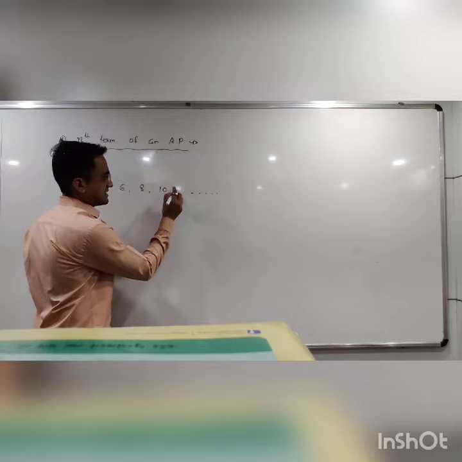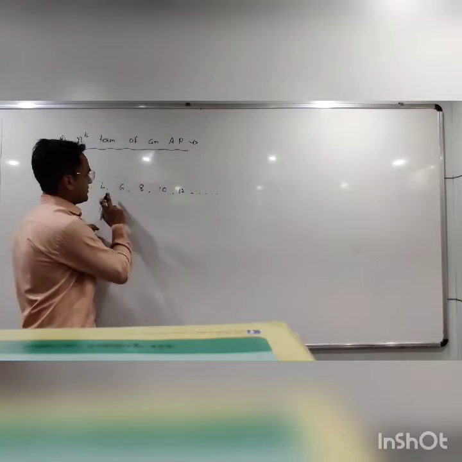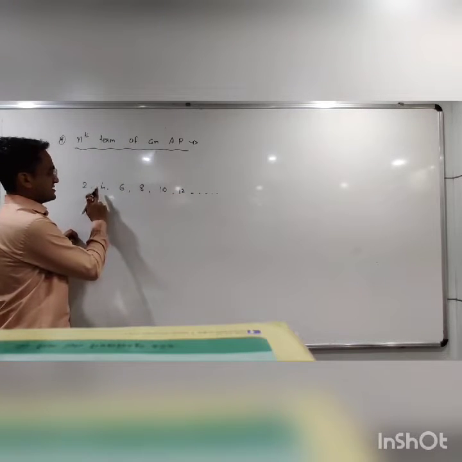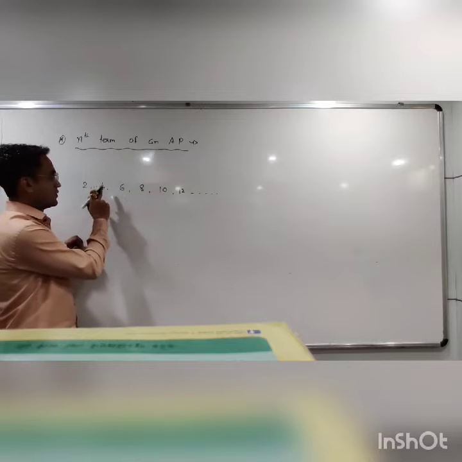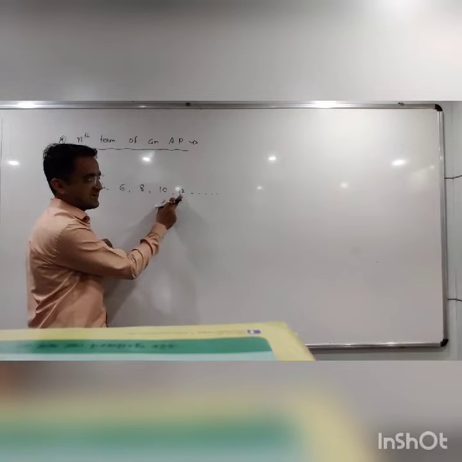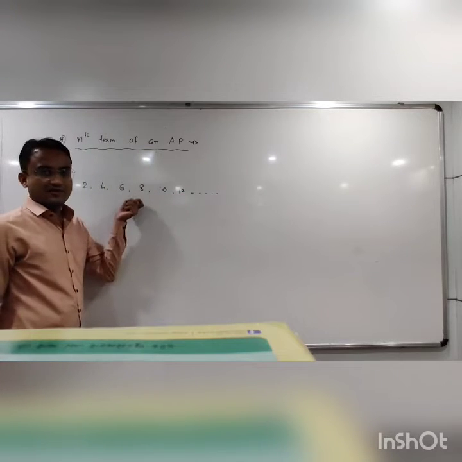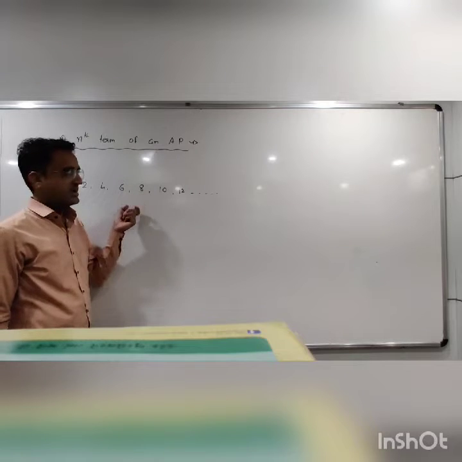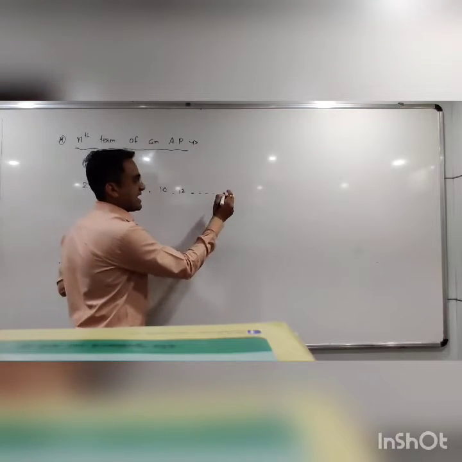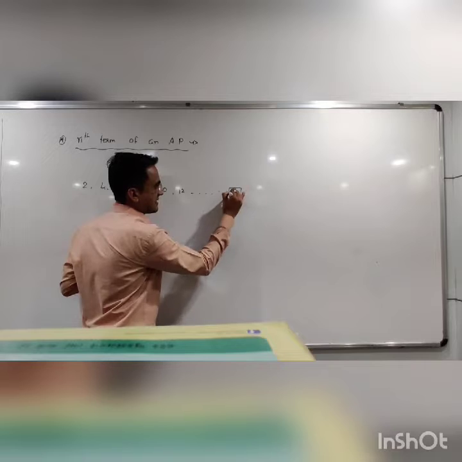If I write a sixth term, now here the common difference is 2. You can observe 2, 2, 2, 2, in each and every one the common difference is 2, so it is an AP. So this AP has an nth term.